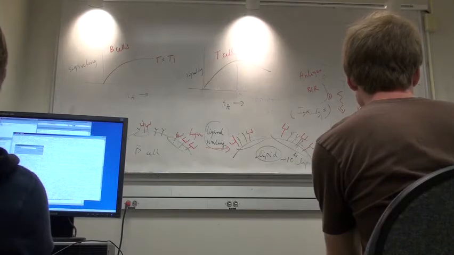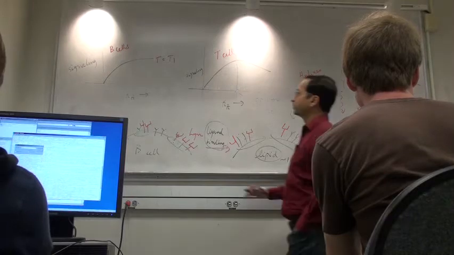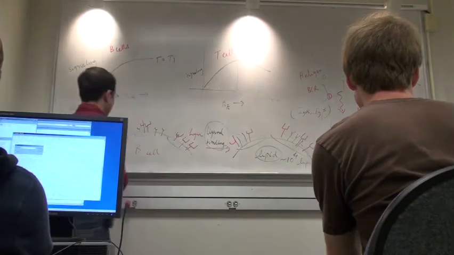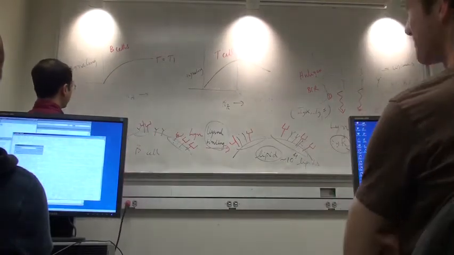Suppose I want you to develop a model of B cell signaling which will show you this behavior. What are the things you want to see from this model?